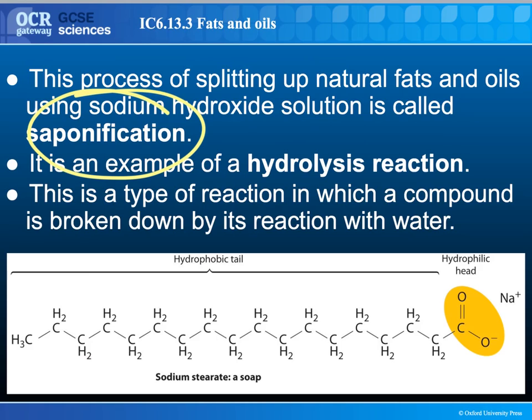Here is the hydrophilic head. You can see the sodium ion that dissolves within the water and the long chain hydrophobic tail. This is sodium stearate, which is a very common soap.